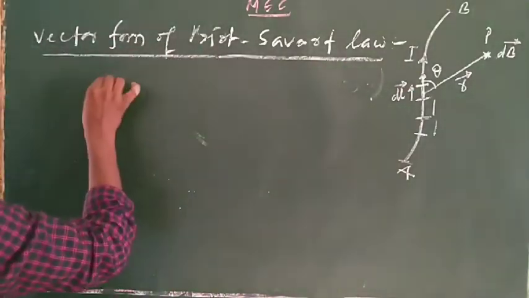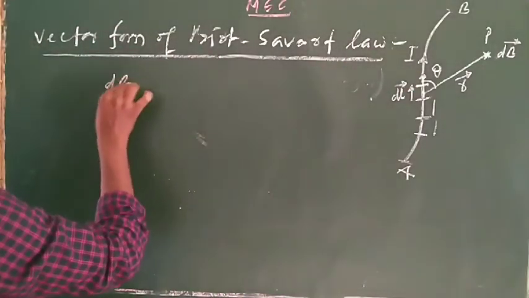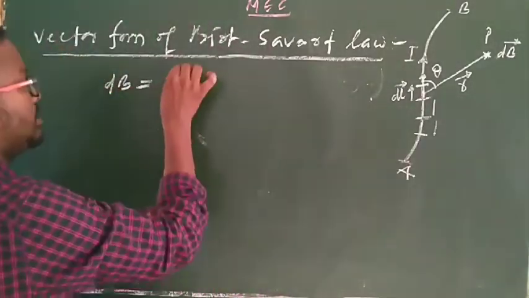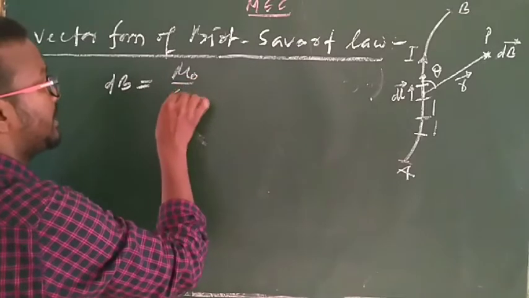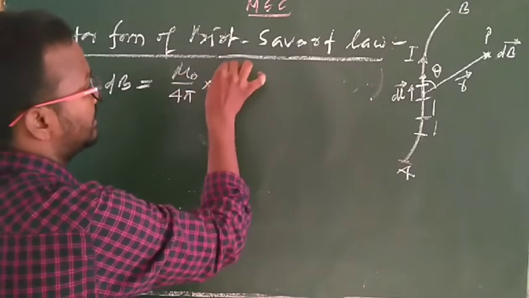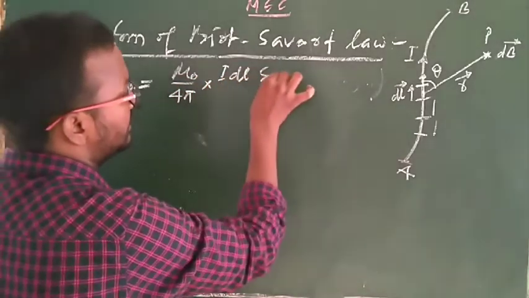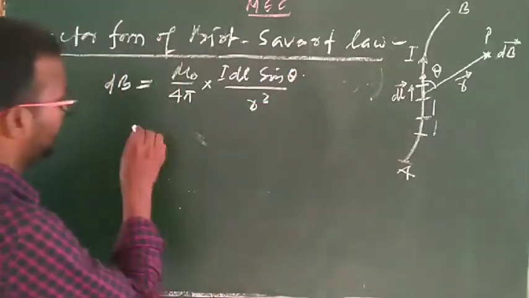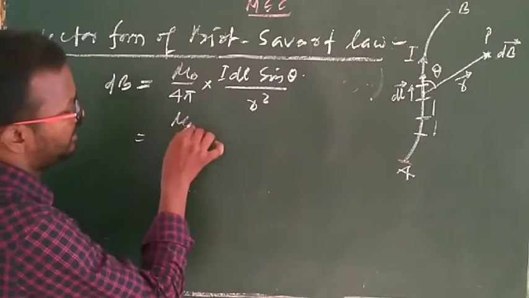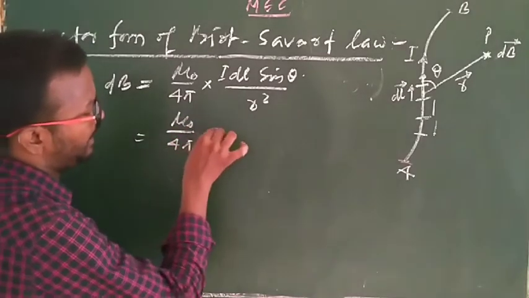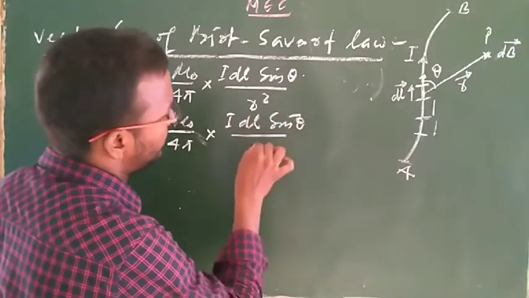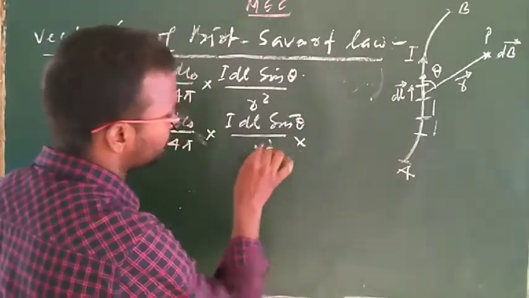As we already know, the magnetic field due to a small current carrying element, dB equals mu naught by 4 pi I dl sin theta by r square. Clear? Or we can write this relation as mu naught by 4 pi into I dl sin theta by r square.